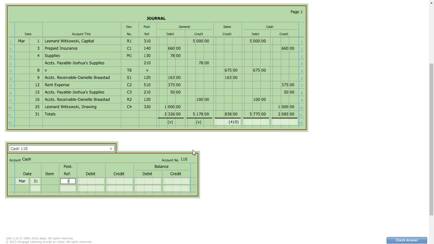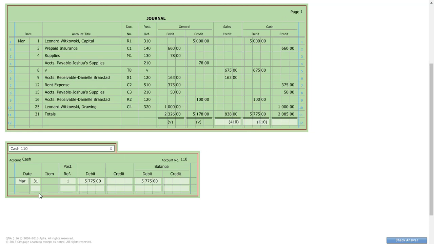So I'm going to do cash debit for $5,775. Previously it had a balance of nothing. So if I take 0 plus 5,775, it would give me 5,775 as a debit. Last thing I do is I put my account number 110 back up on top to indicate I just put that number into that account number.